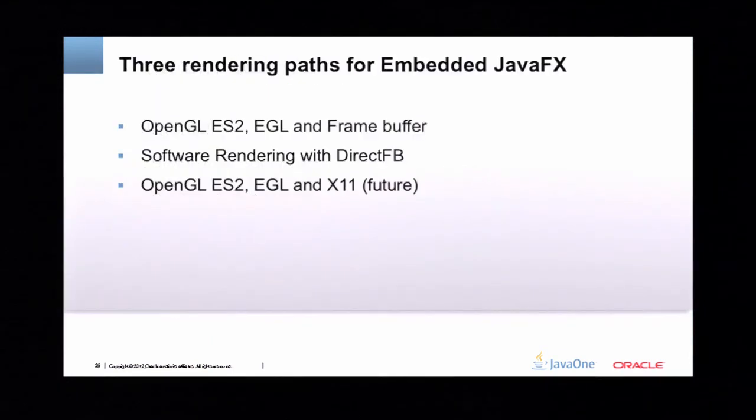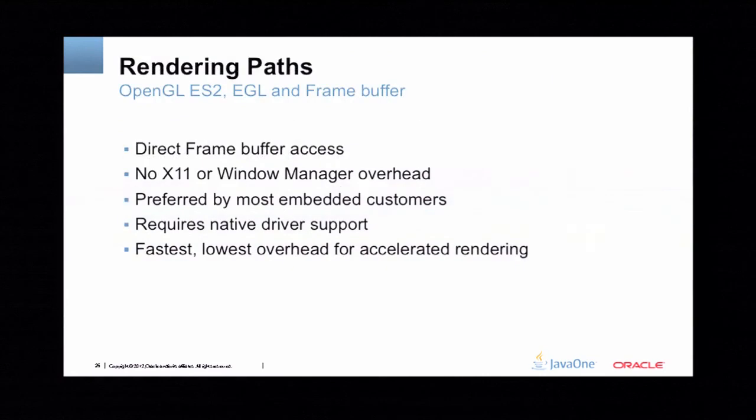Okay, rendering paths. How do I get to the screen? We're looking at 3 rendering paths, and I'll dig down a little more deeply into what these are, okay? And for most of you, you may not care, because hopefully it'll just work for you. Our favorite rendering path is OpenGL.